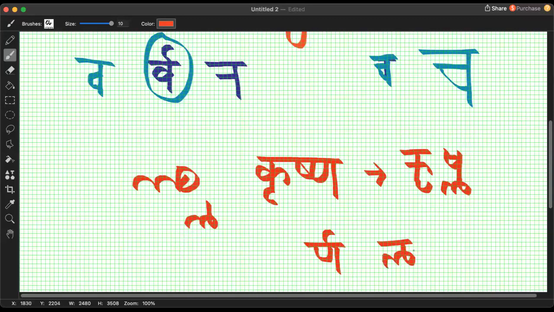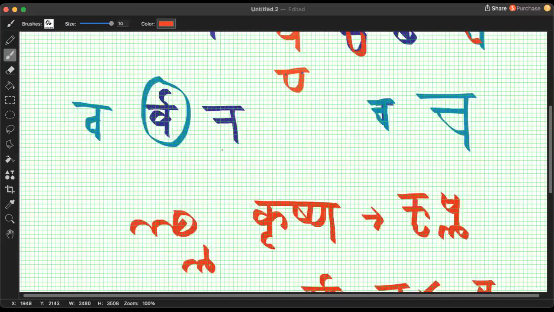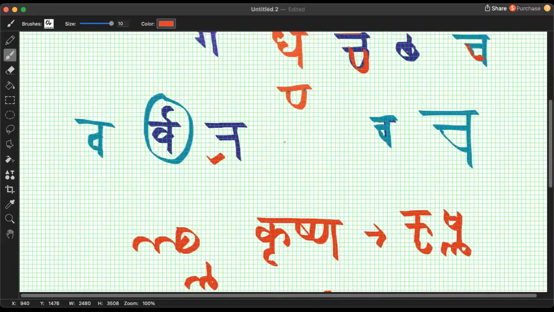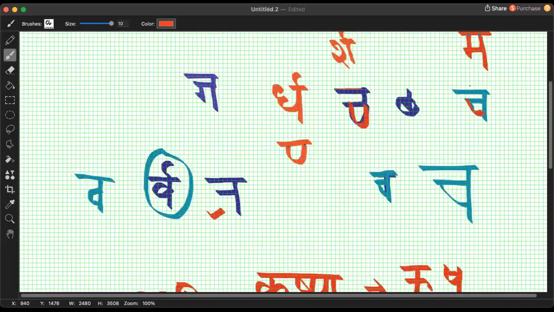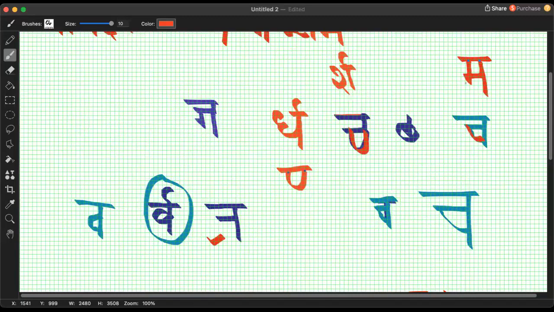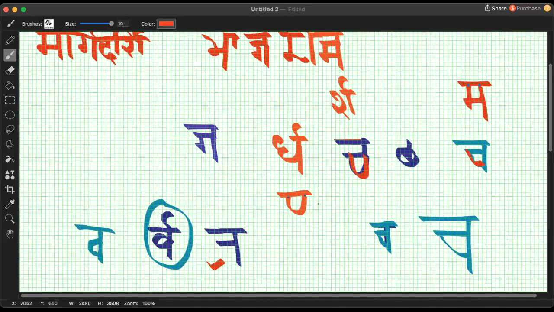This becomes "no", and the "ra" here will vanish. This is for "rna", "rva", as I told you, and all the remaining follow the category B rule, the second rule, if it is touching the Shiroreka twice.